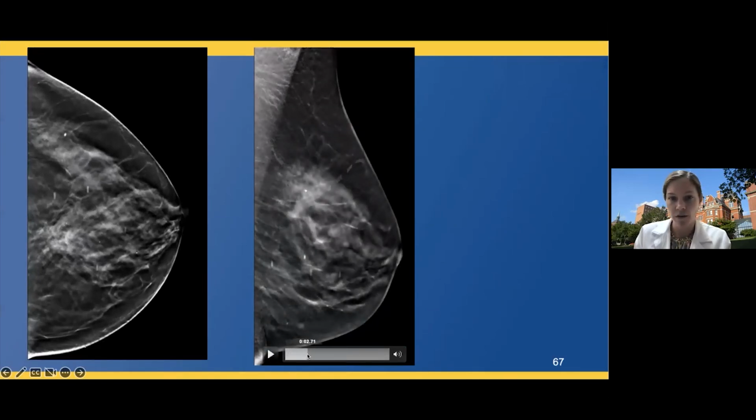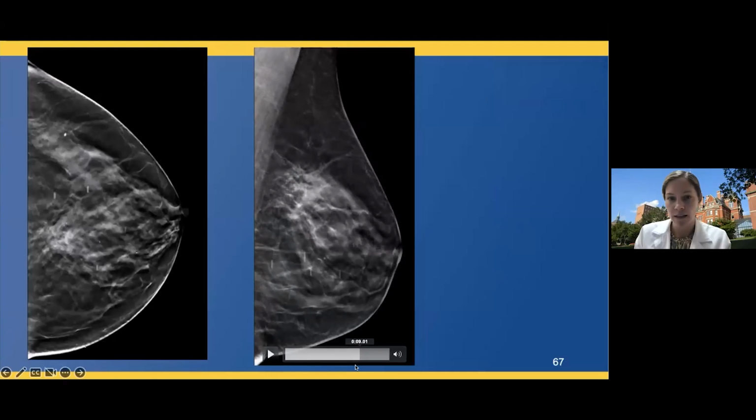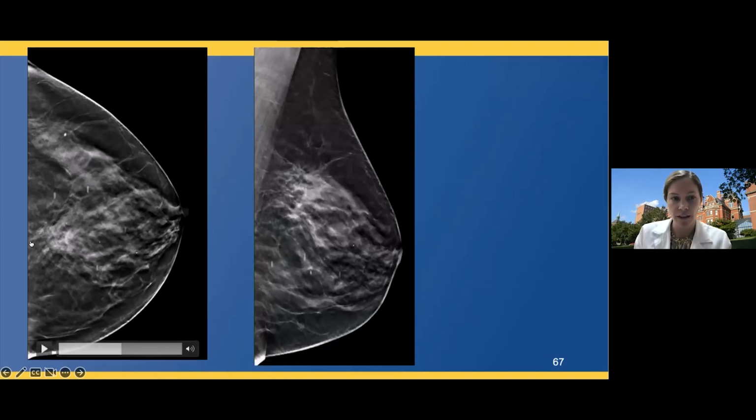Similarly, on the MLO view, in the upper part of the breast, we see this developing asymmetry with associated distortion. So here's the finding on the MLO view, and then here is the finding on the CC view.